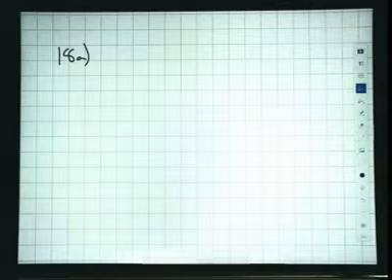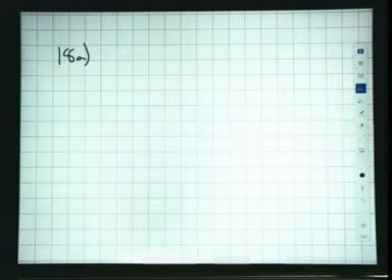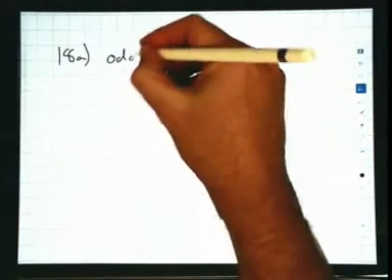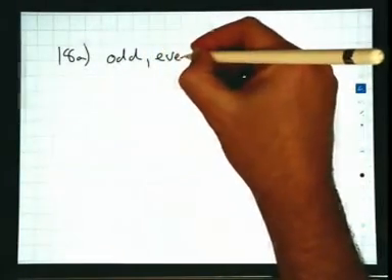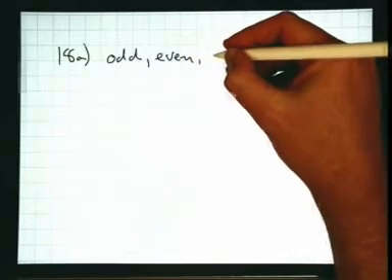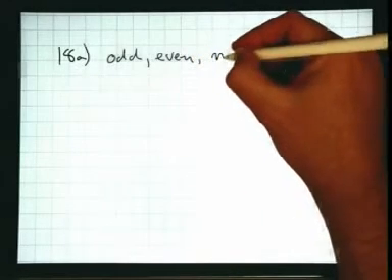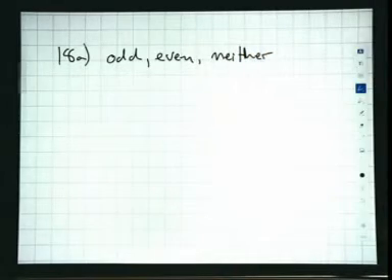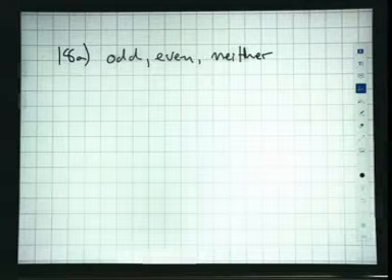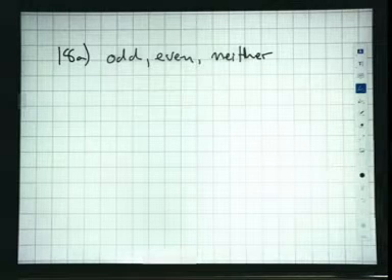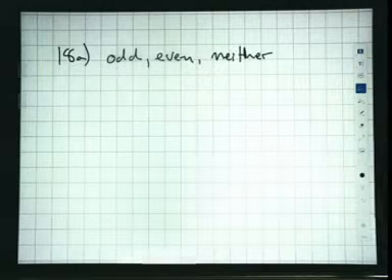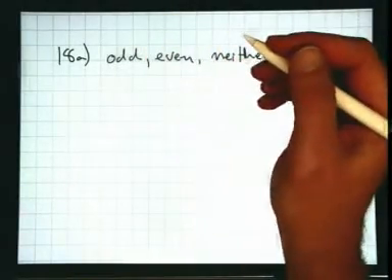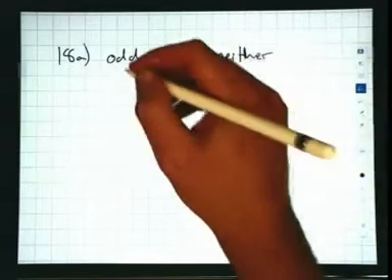18A is to determine whether the functions are odd, even, or neither. So let's just do some reminders of what is odd and even.